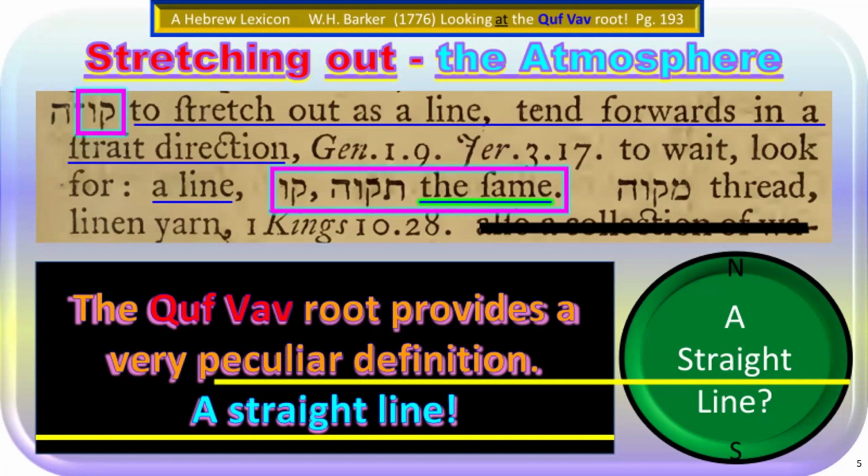This is the Kuf Vav root, and it provides a very peculiar definition. A straight line stretched out. And this is just a glimpse, as I say. There's many more definitions coming in the future. But I want you to note this straight line. This is extremely, extremely important to understand.